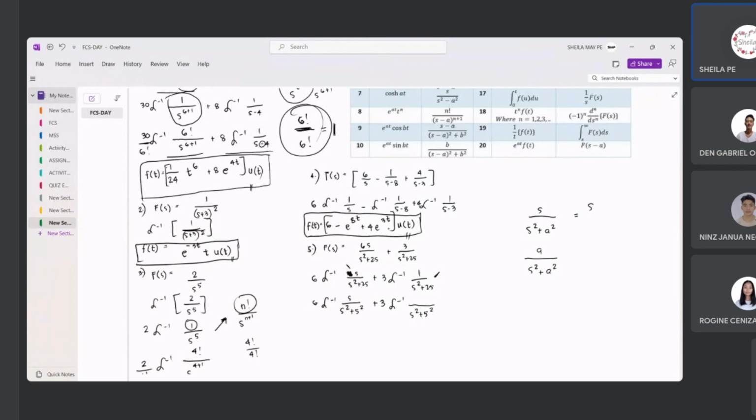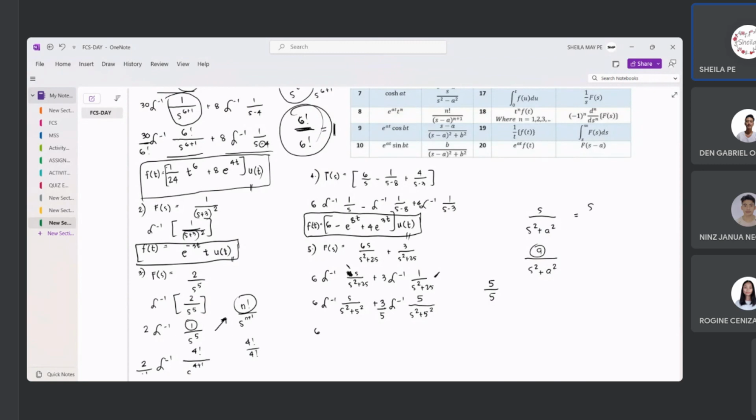But we should have a constant a, which is 5, on our numerator. So to have a correction factor, we should have 5 over 5. We put 5 here, we put 5 here. So basically, we are just multiplying this function with 1. So simplifying, we have 6 inverse Laplace of s divided by s squared plus 5 squared.